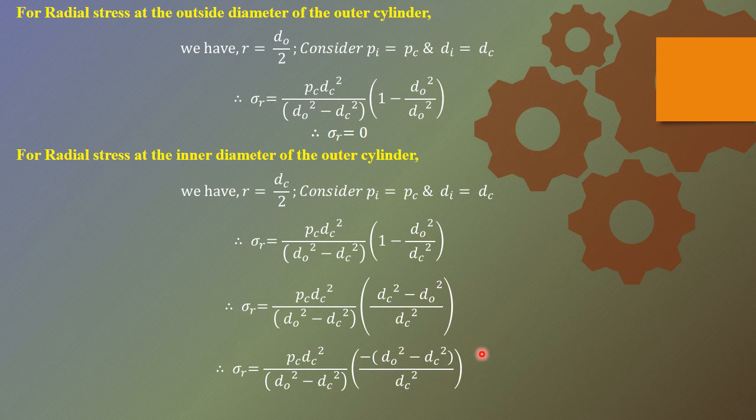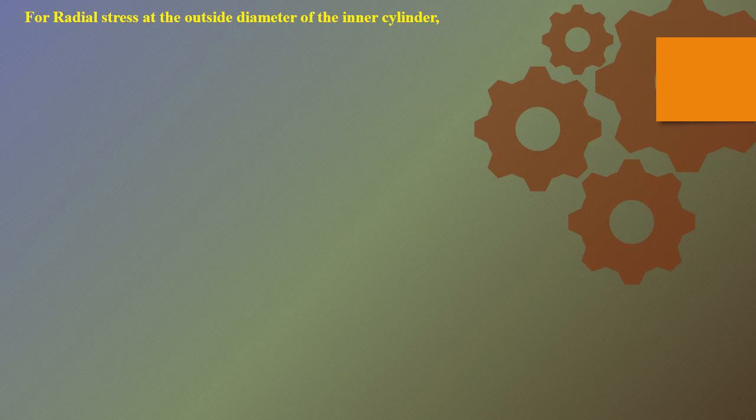I think we can further simplify and get the equation for the radial stress at the inner diameter of the outer cylinder, right? So this is the final expression. You can simplify it. If you see, this and this get cancelled, dc square gets cancelled, and sigma R is equal to minus Pc.